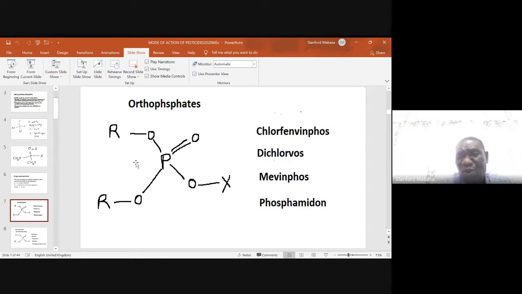Now, this structure is common with any one of the following organophosphates. Number 1, we have chlorvinphos. We also have another organophosphate called dichlorvos. The other one is mevinphos. The other one is phosphamidone. These are orthophosphates, because of this oxygen here.